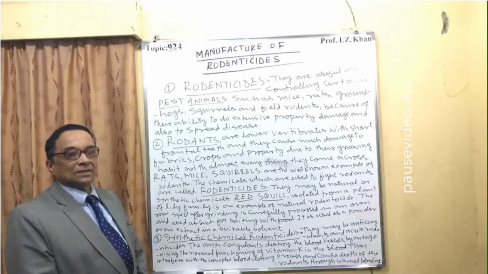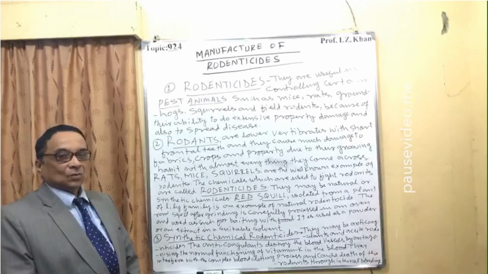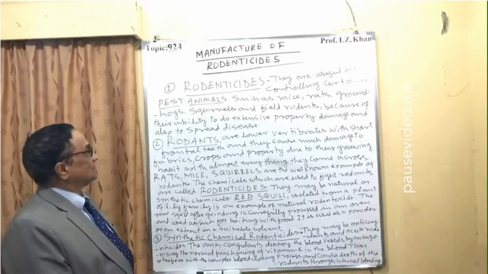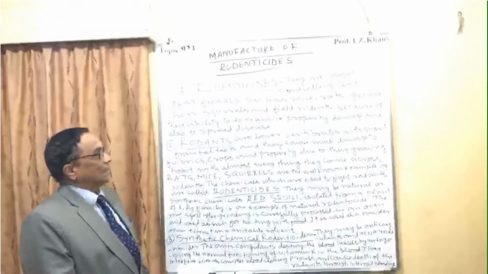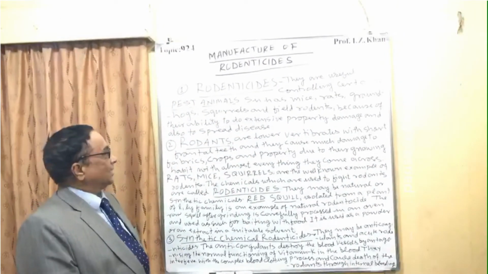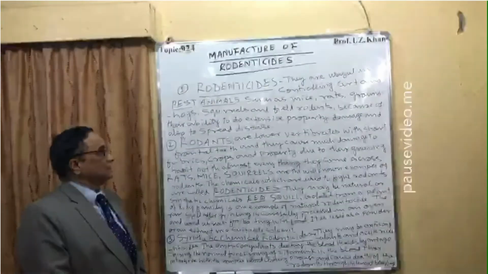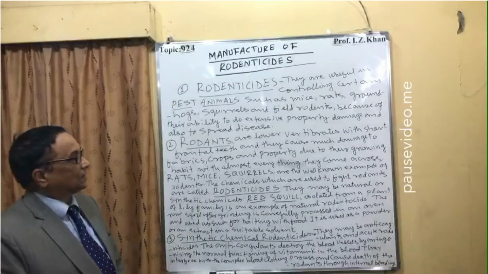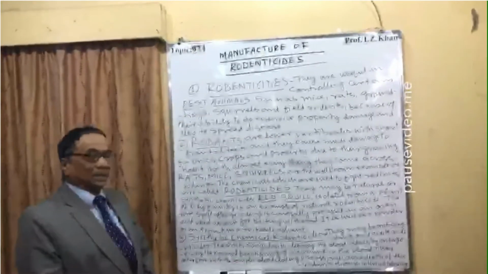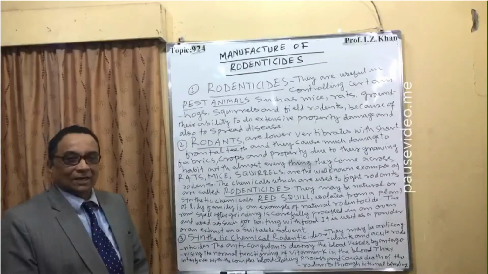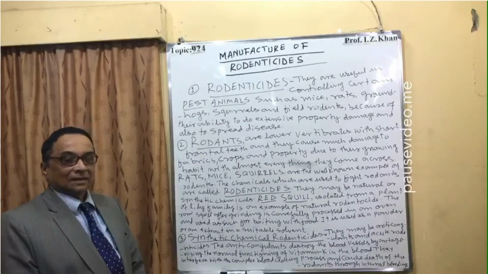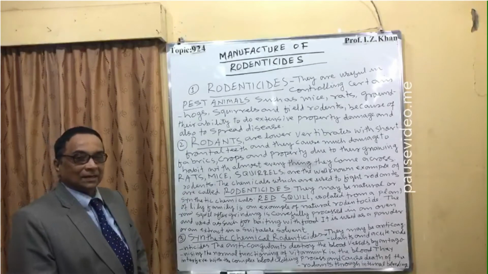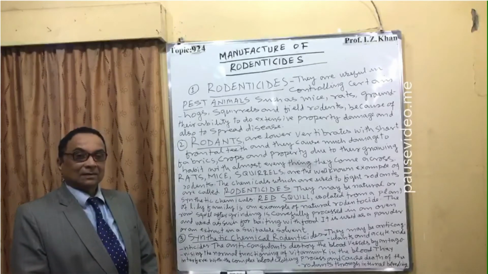Pest animals means those animals which are harmful to human beings and their activities, farming, etc., such as mice, rats, ground-hogs, squirrels, and field rodents, because of their ability to do extensive property damage and also to spread diseases. A rat can spread the plague and some other viral infections.